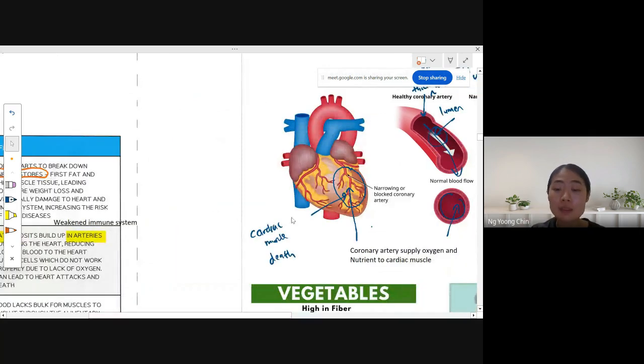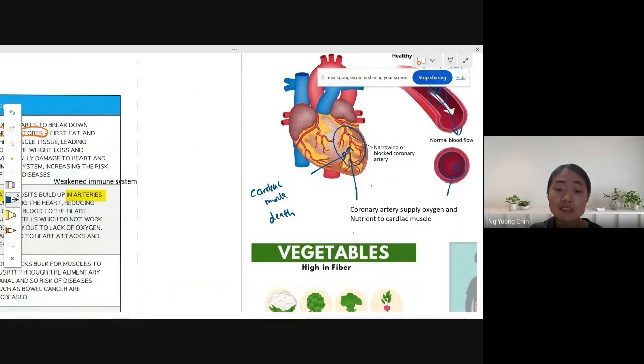So once the cardiac muscle dies, actually there's a term, called myocardial infarction. This is extra vocabulary. You do not need to write it in your IGCSE exam. They do not ask about this. Myocardial means the cardiac muscle.